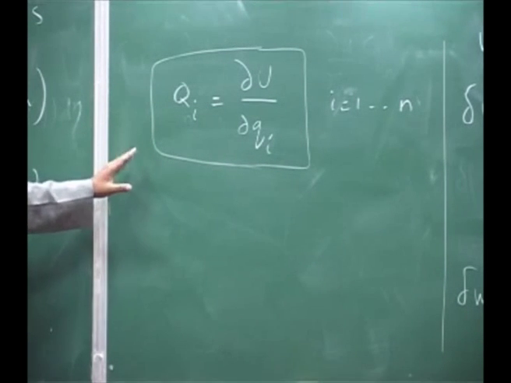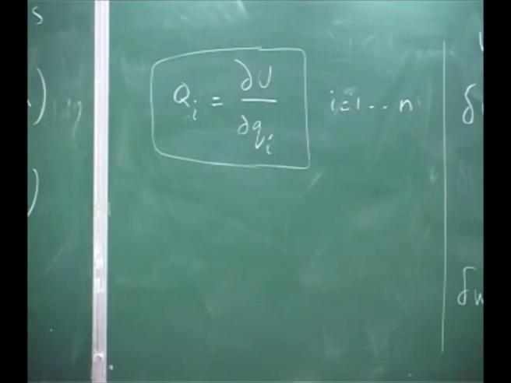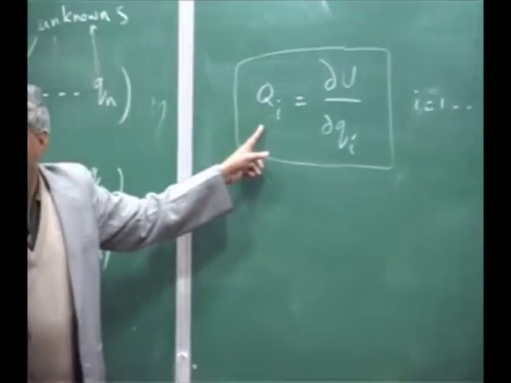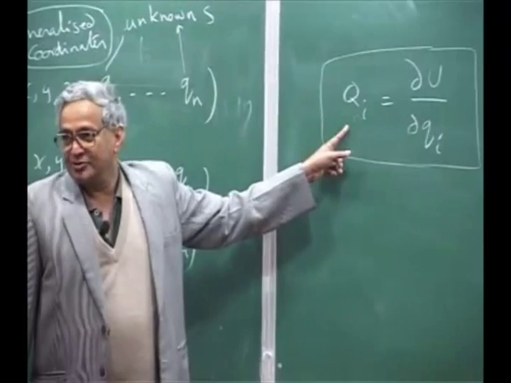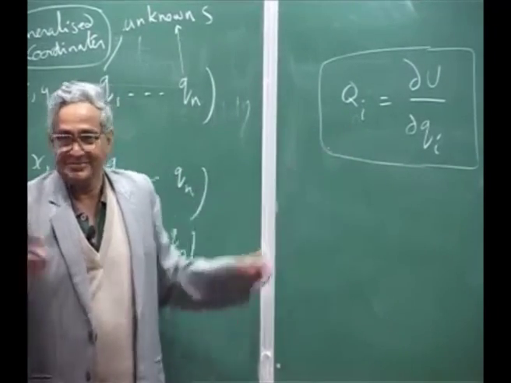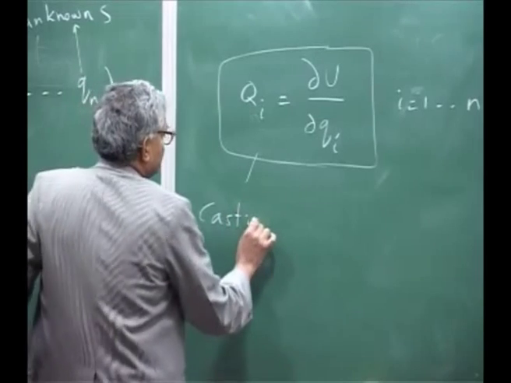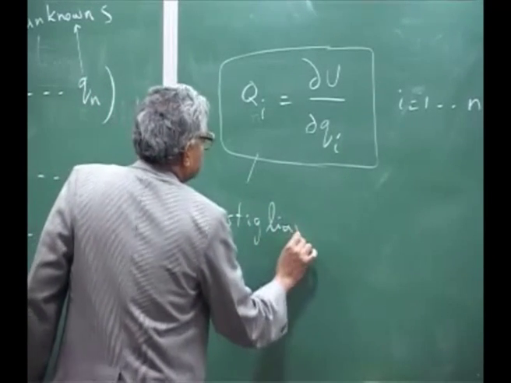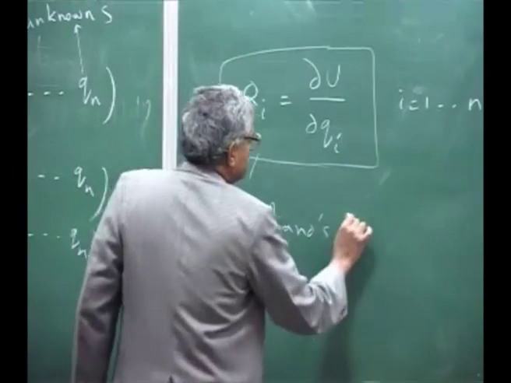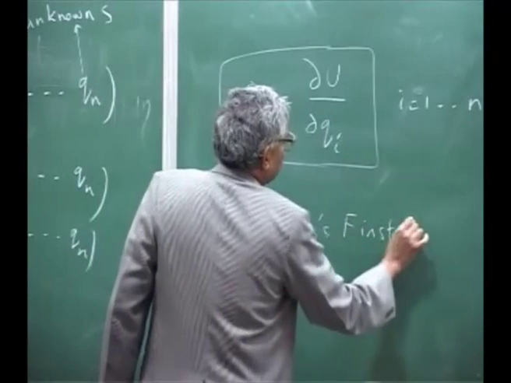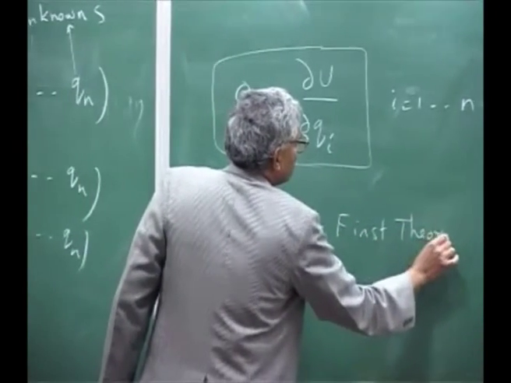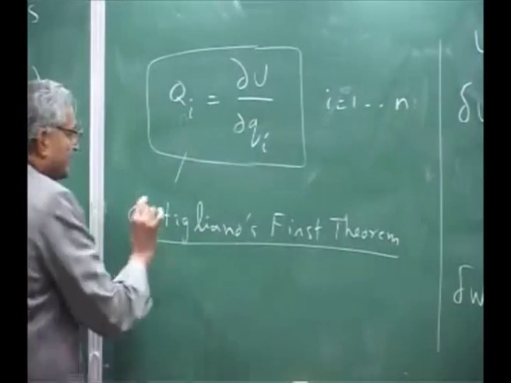You will find that this will become an algebraic equation for a static problem, beam bending problem. We will show that. And this is called Castigliano's first theorem.